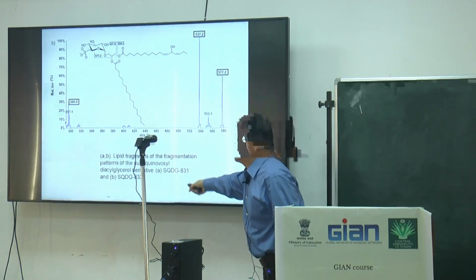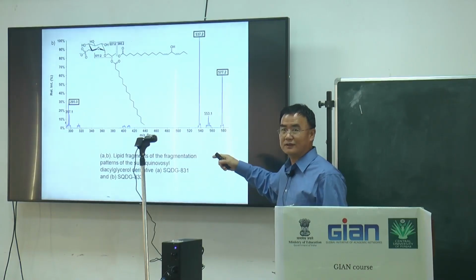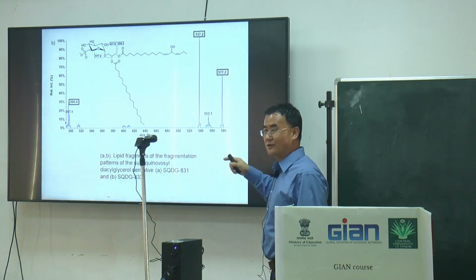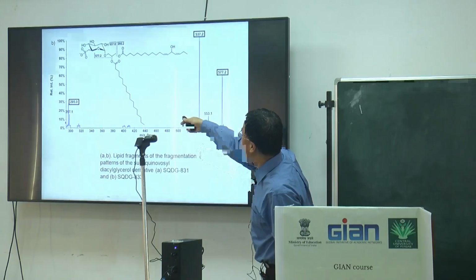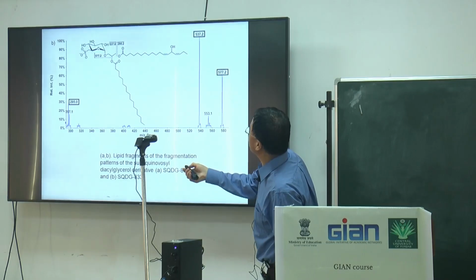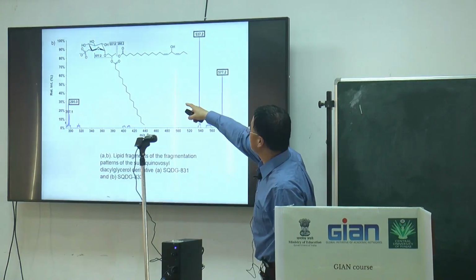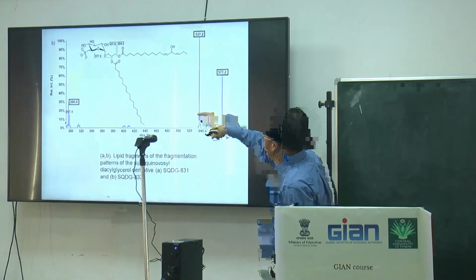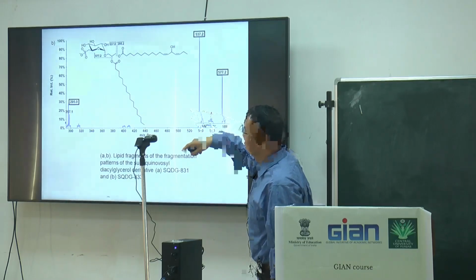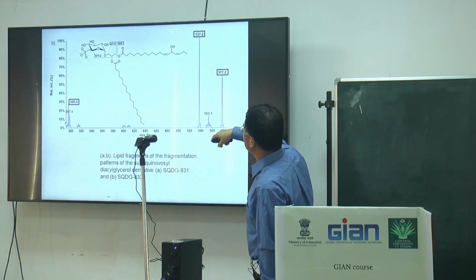The molecule is 1831 and S2DG, a sulfur-containing glycolipid. There is this glycol molecule, then one hydrogen, the sulfur, and another two are fatty acid chains.